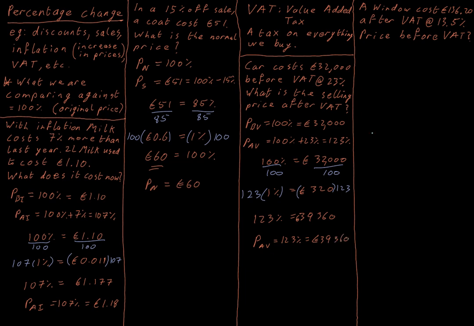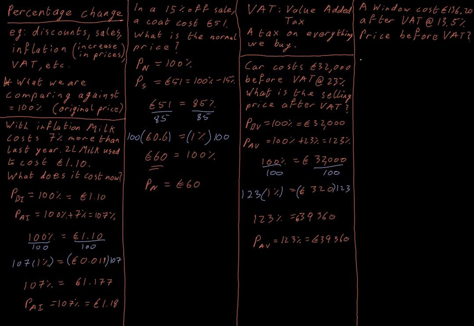And finally, we have a window costs €136.20 after VAT is charged at 13.5%. What's the price before VAT? Well, the 13.5% was added on to our original price to get up to this €136.20.